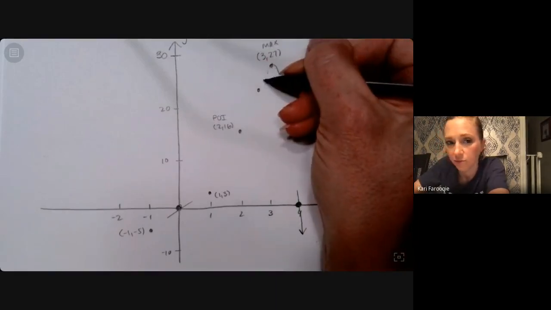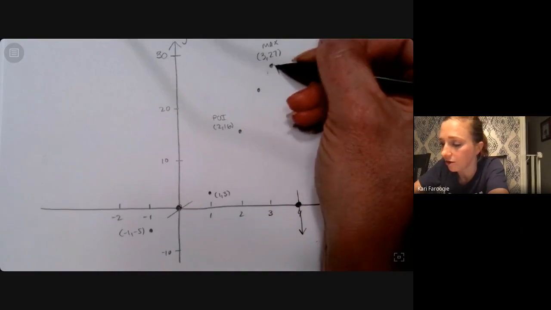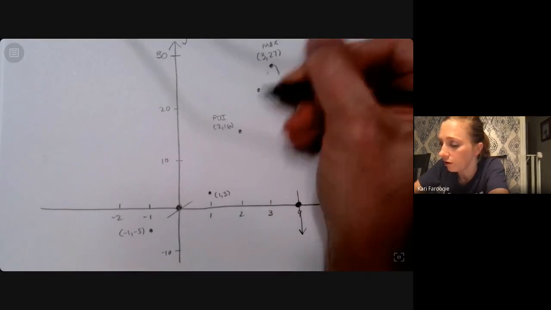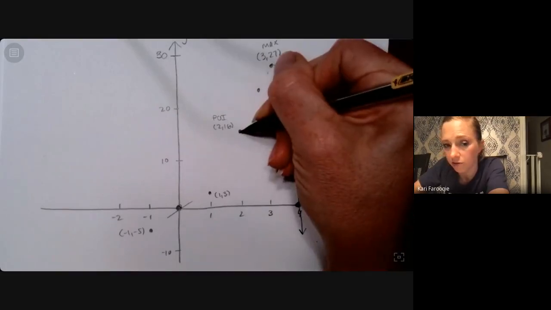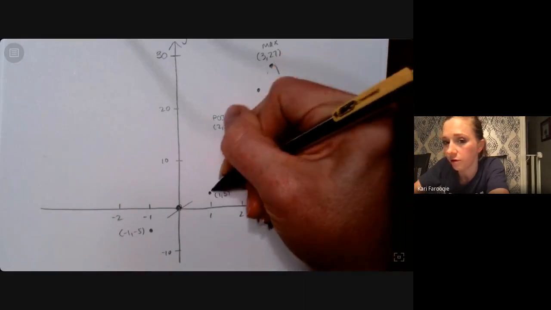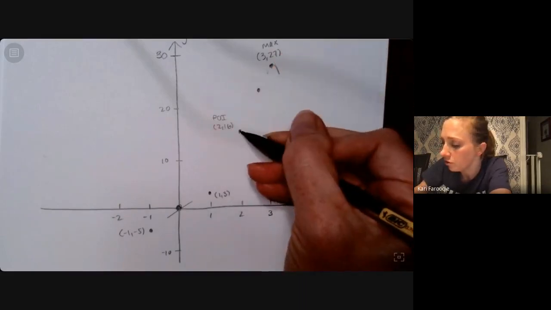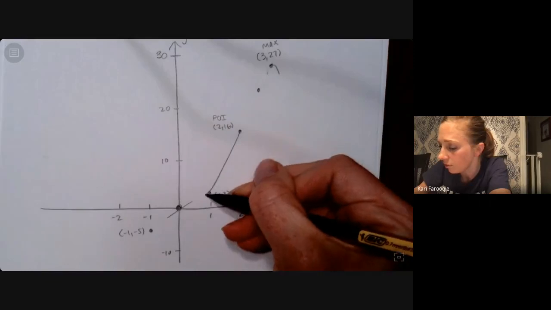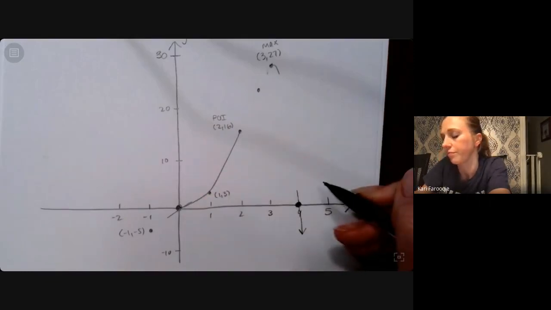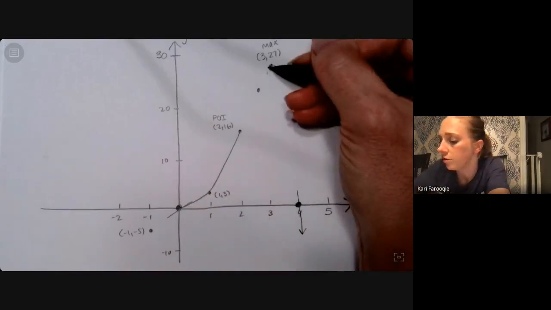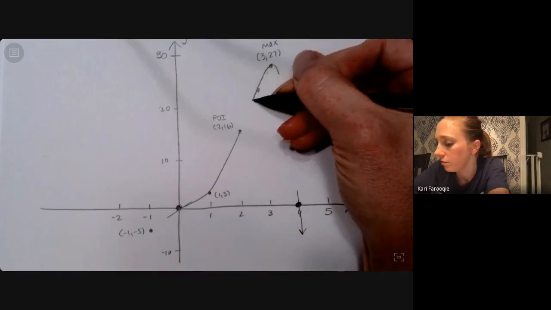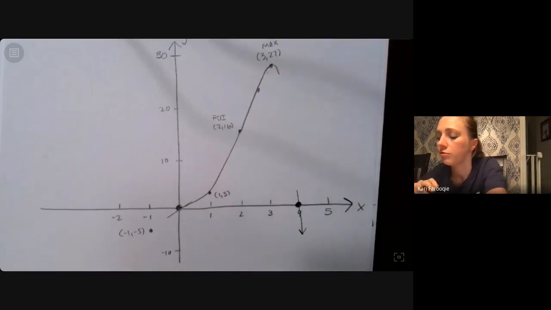See how I was starting to make a cup? Not a cup. It's got to be a frown. So I'm going to frown until I get to 216, and then you can see where the cup comes in. So if you want to draw the cup first, be my guest, draw the cup. And over here, concave down, frown. Do the best you can.